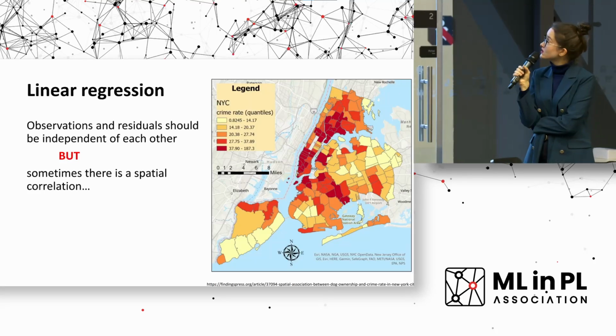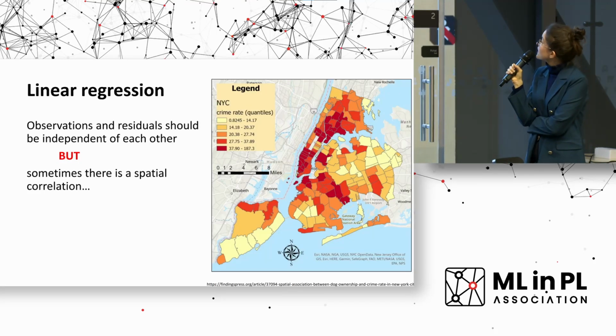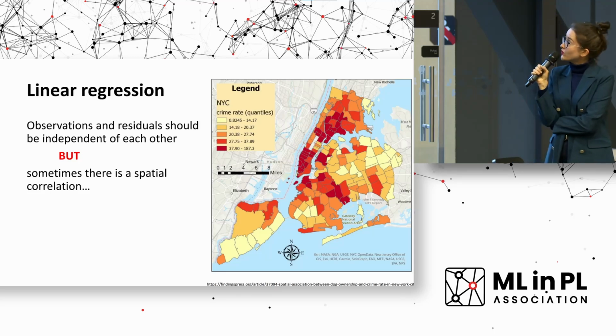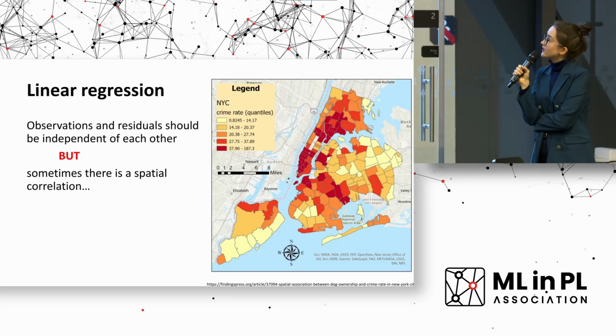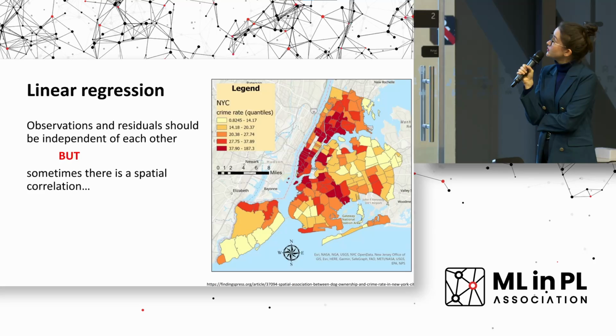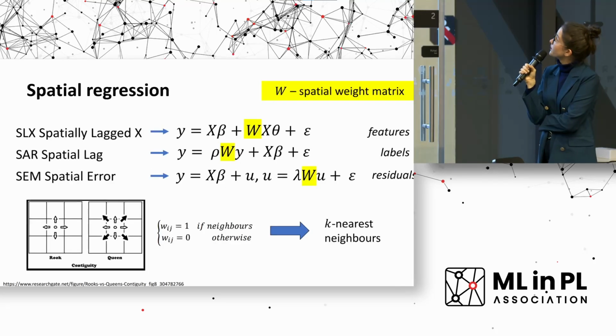So there are some regions, like neighbors, where this rate is similar, the high one, let's say, and there are some other regions where this rate is small. So here we can observe spatial correlation. And we want to see whether within our patches of the histopathological image, there are also some kind of clusters, and whether the neural network can actually see it.